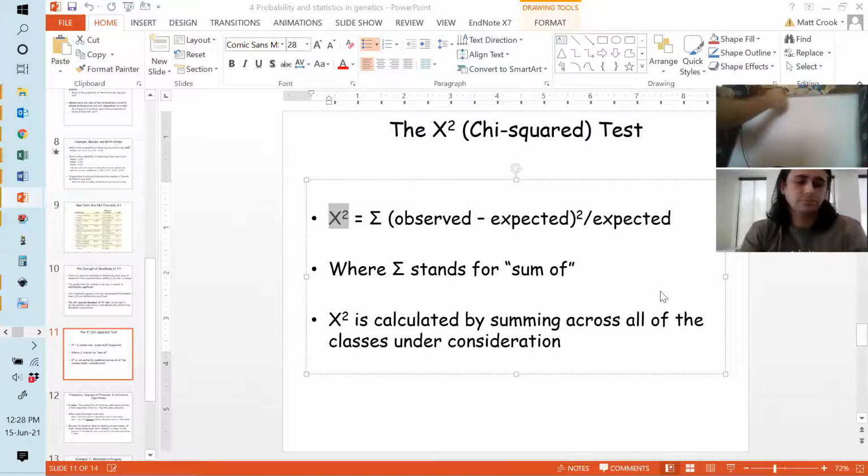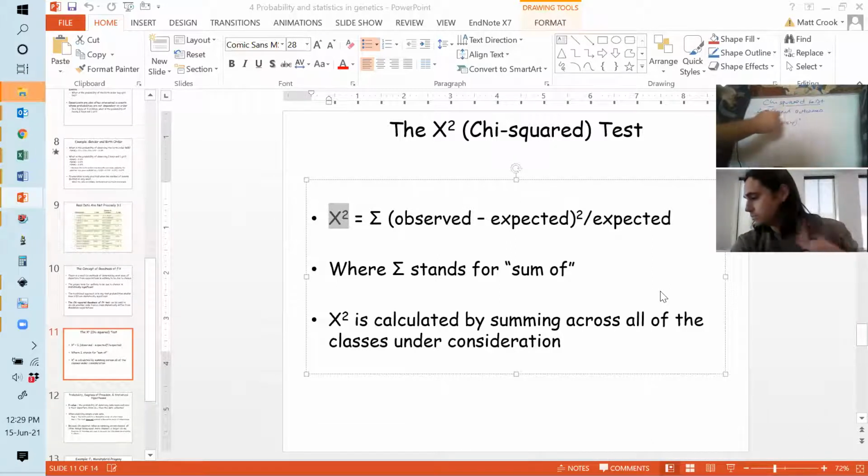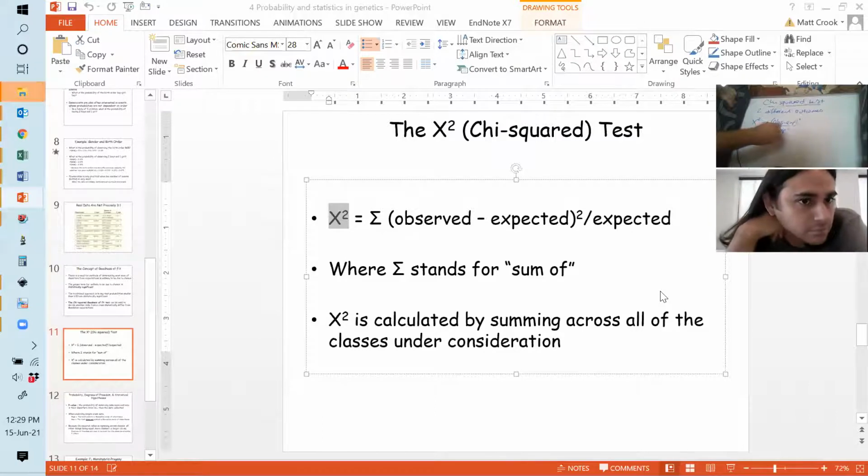So if you have two different outcomes, I guess, conditions, phenotypes, whatever you want to call it, your chi-square will be the observed minus the expected squared over the expected for outcome 1 plus the observed minus the expected squared.